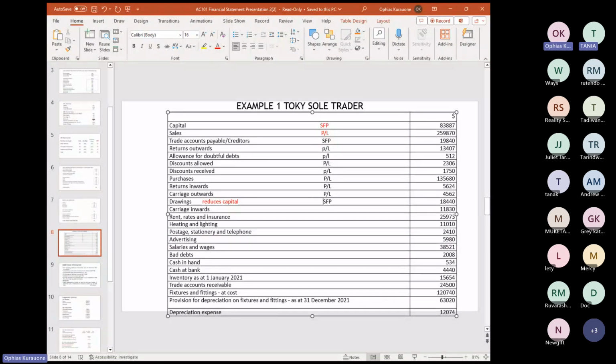Carriage inwards: does it go under the trading account or under operating expenses?